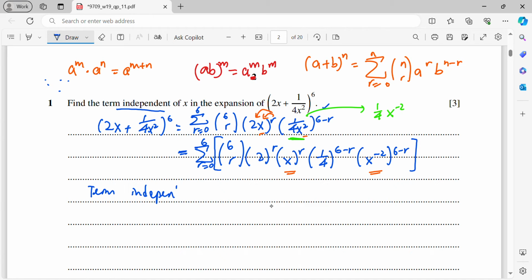This means constant. Okay, so constant means the term with x degree 0. So when x degree is 0, on the right side I get x degree r multiplied with x degree negative 2 with degree 6 minus r.